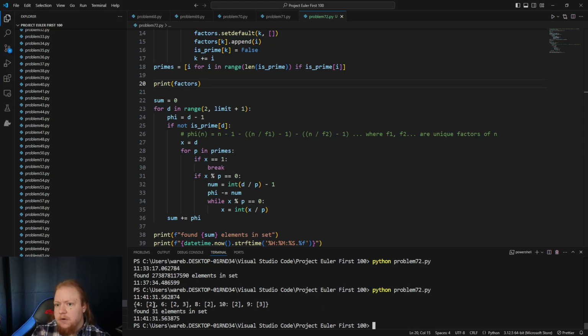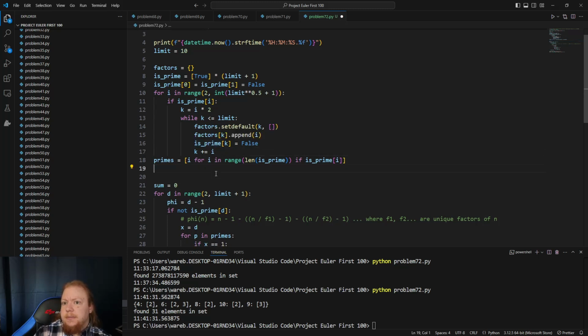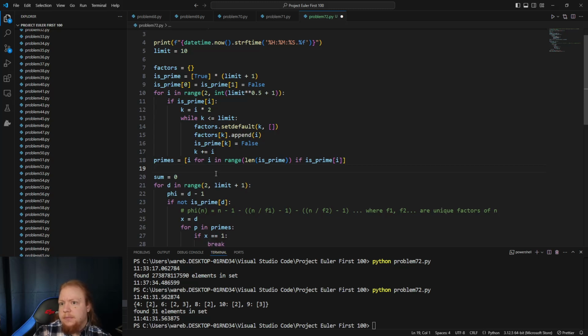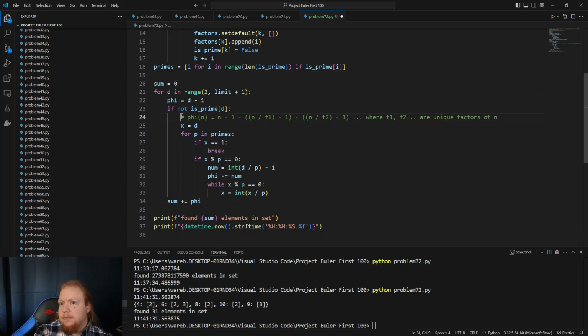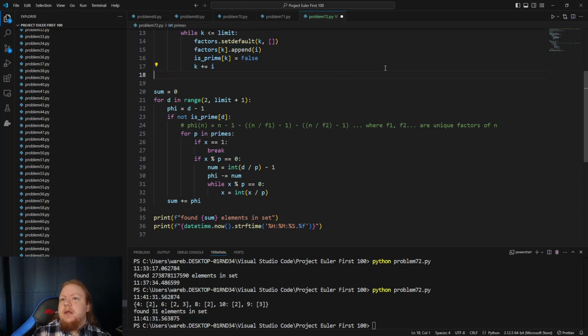So we have 4, 6, 8, 9. Those are the non-prime numbers less than or equal to 10, so this makes sense. I don't need this anymore.